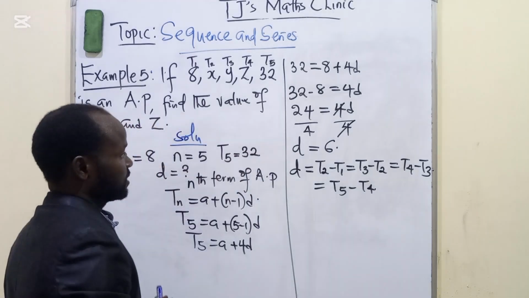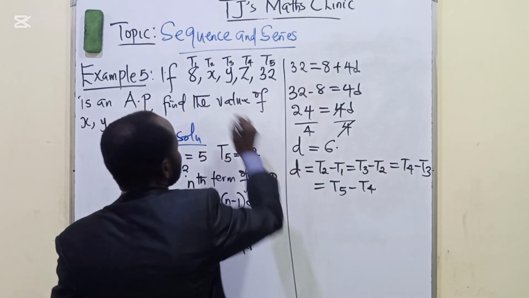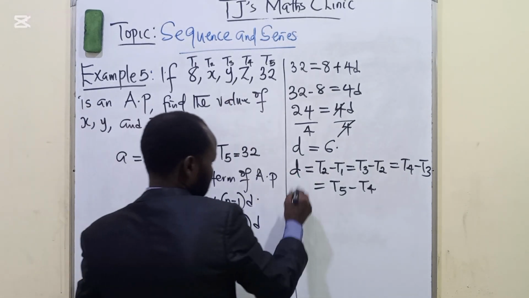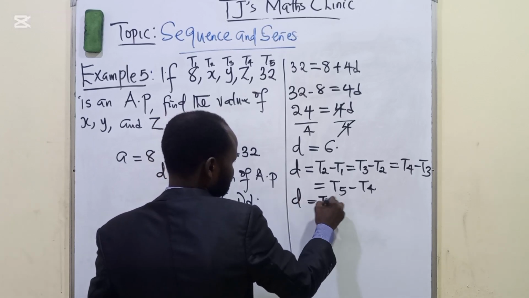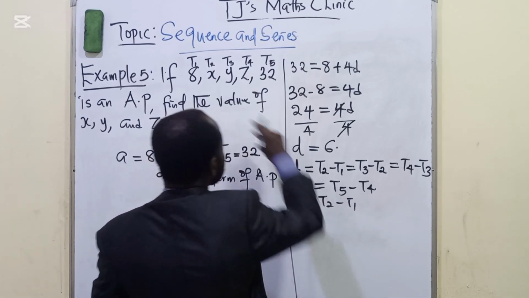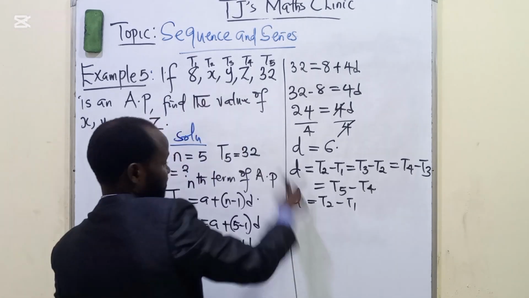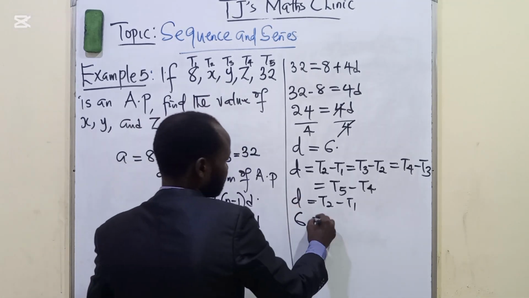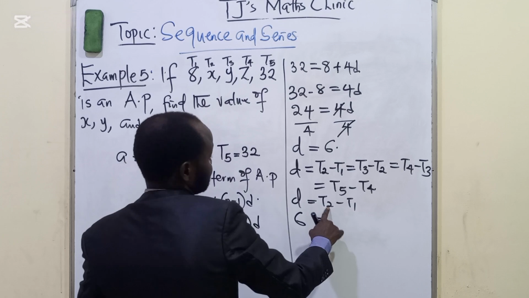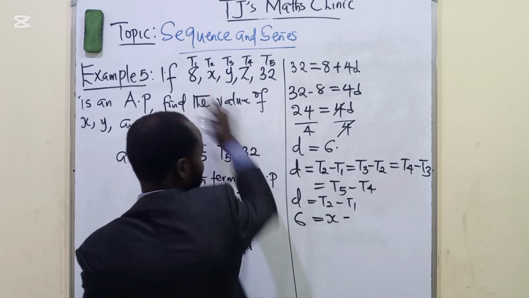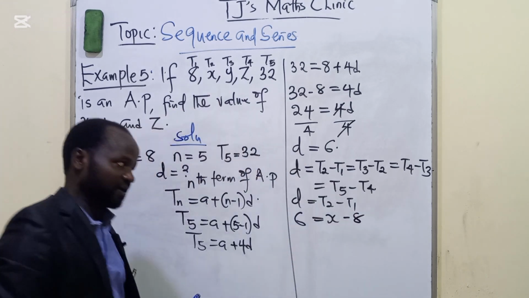Since we know the common difference is 6, d is T2 minus T1. T2 here is x. So in place of d we put 6, which equals x minus the first term, which is 8.